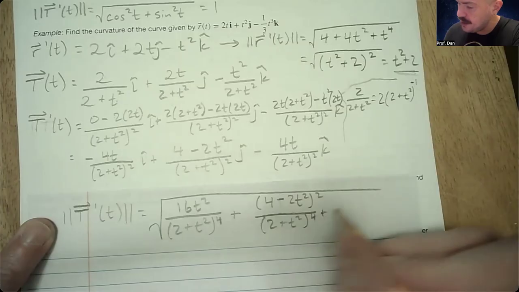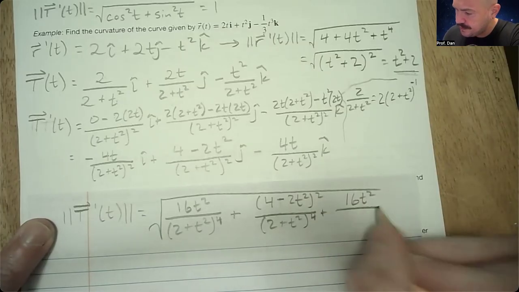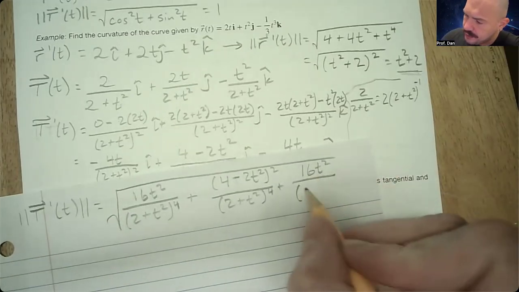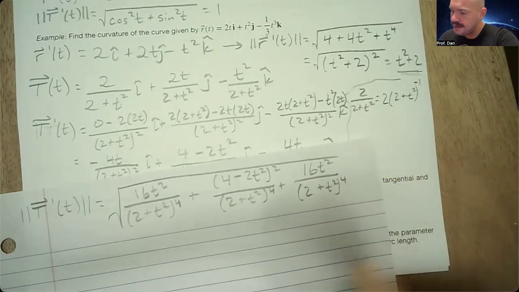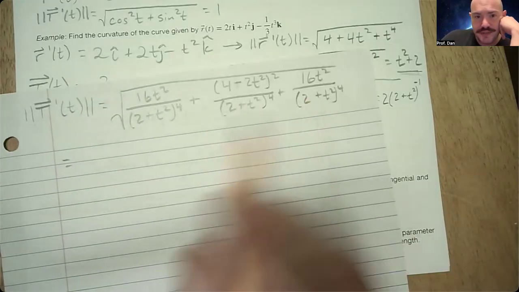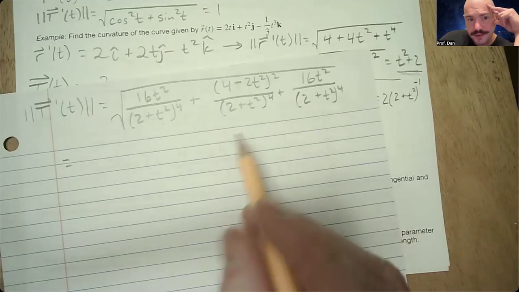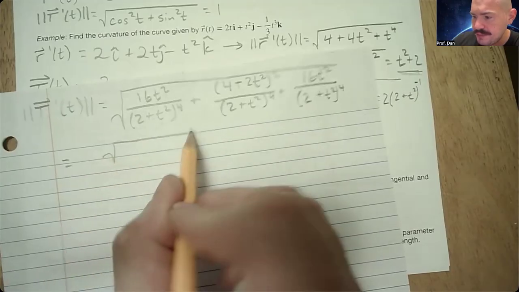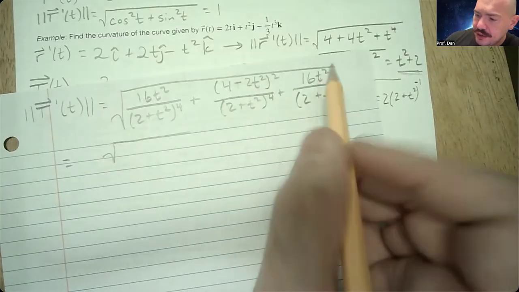And for the k component, we get 16t squared over 2 plus t squared all to the 4. Now, reminder, you can add these because they all have the same denominator. And remember, when you have the square root of a fraction, you can write it as the square root of the top over the square root of the bottom. So essentially, we'll have the square root of these three summed together.